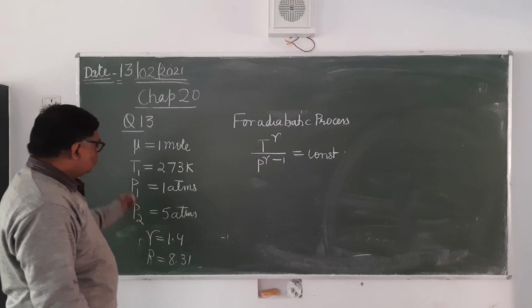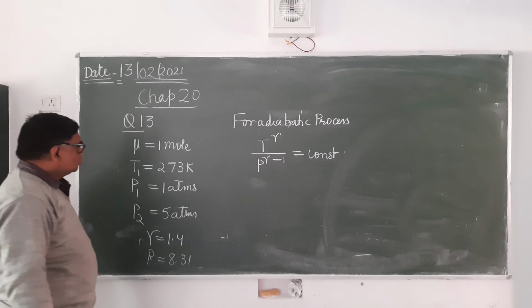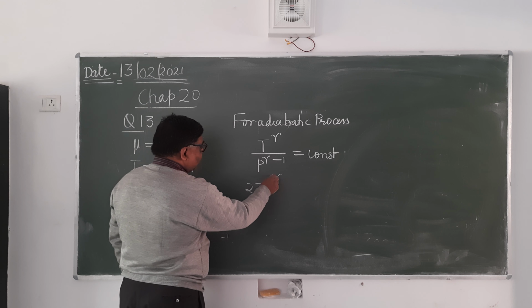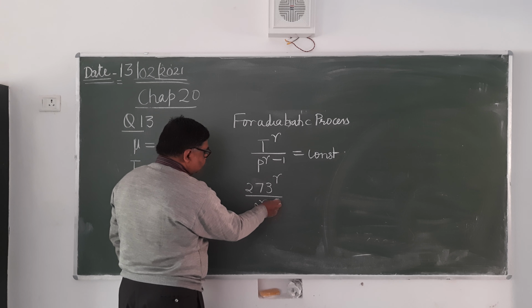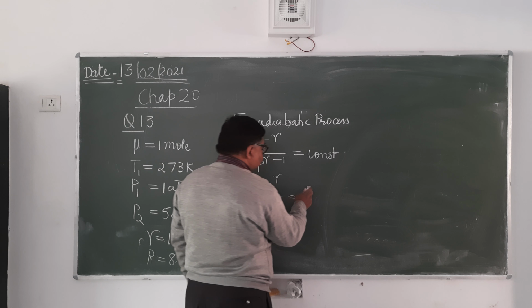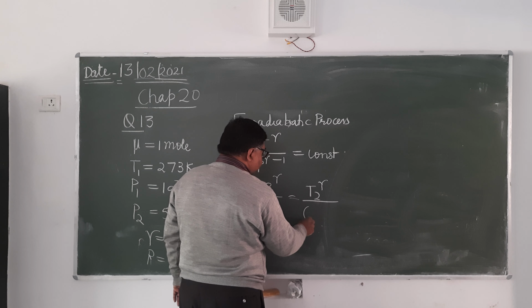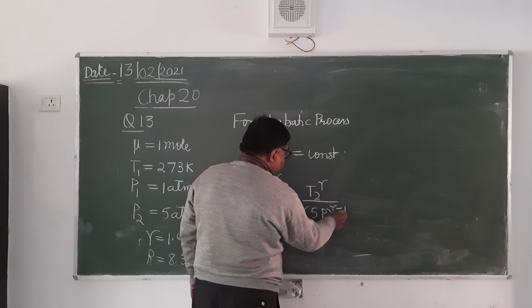Finally it is T2 to the power gamma upon 5P to the power gamma minus 1.